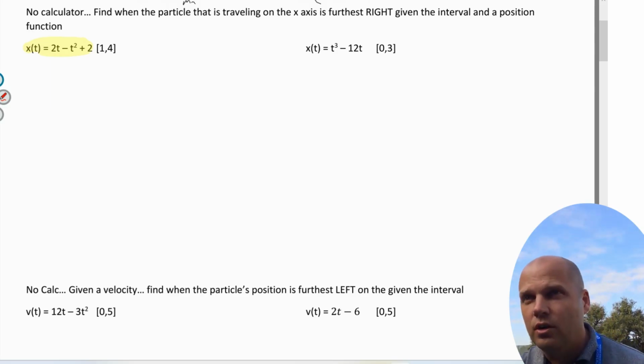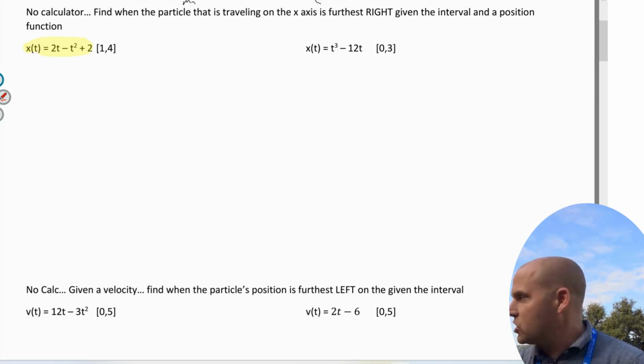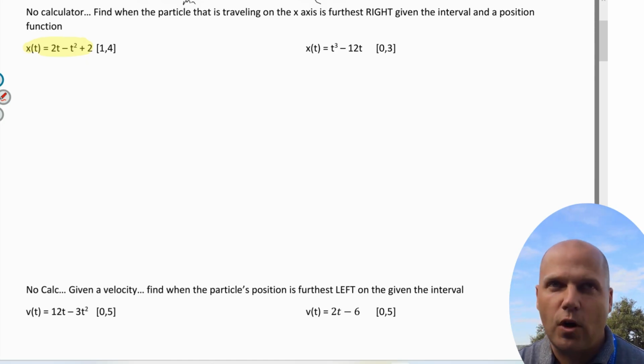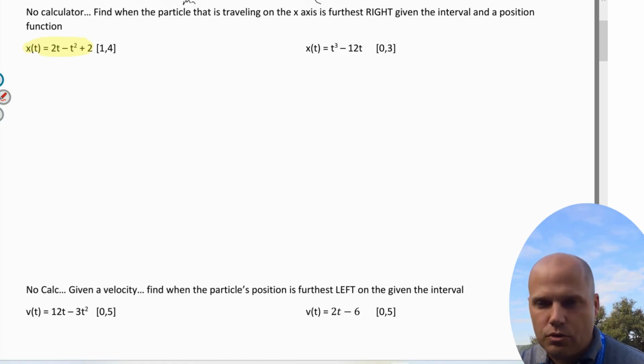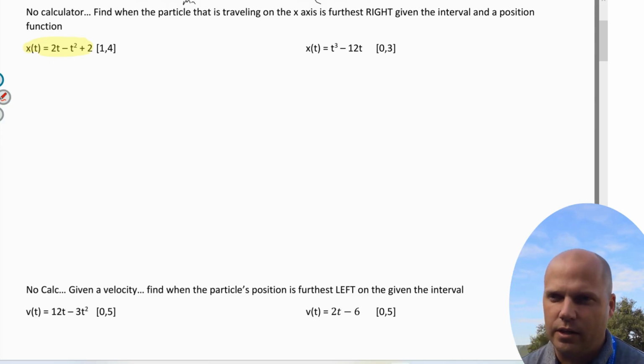You can still take the antiderivative and understand that your position is something with a C, and you could subtract to figure out your displacements. Boom. You do know how far you traveled. And then also day 2 was like using a calculator. So all that good stuff.